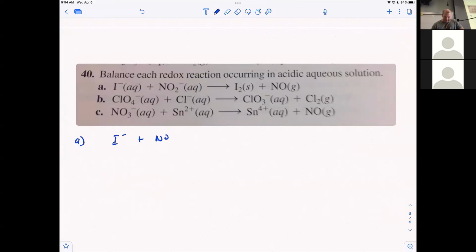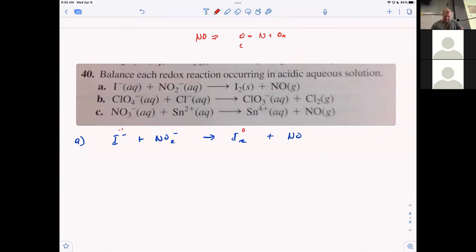Iodide plus nitrite makes iodine plus nitrogen monoxide. Sorry, this is nitrite, not nitrate. So let's look at the oxidation states. This is going to be -1, this is going to be 0. Now we have to look at the other one. For NO, 0 is equal to nitrogen plus oxygen.